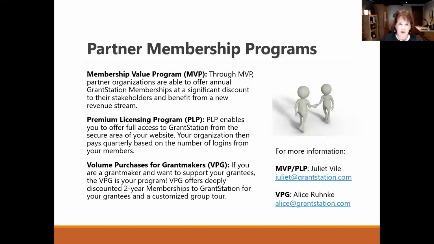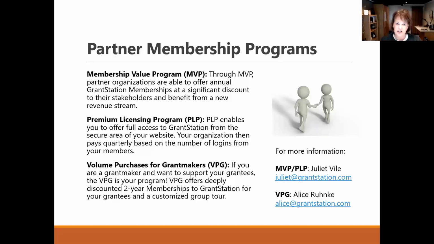The Membership Value Program, called MVP, is where you as an organization can offer GrantStation memberships at $95 a membership, and you're offering that to your stakeholders. You have to have a private, members-only login part of your site, but your members would come in through your private site and get a GrantStation membership for $95.